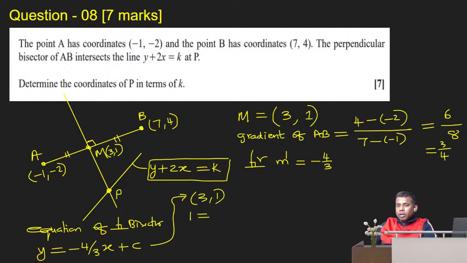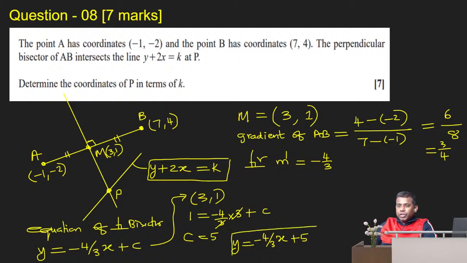So 1 equals -4/3 times 3 plus c. So the 3 and 3 cancel, so c equals 5, right? So the equation is y equals -4/3 x plus 5.